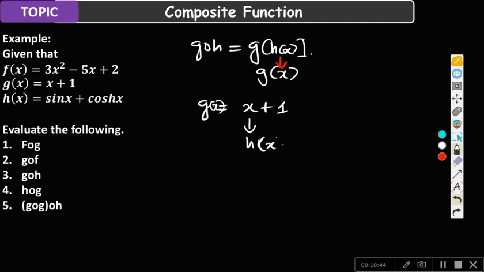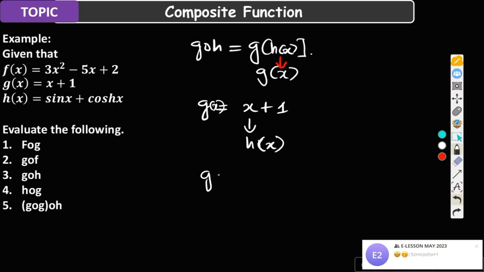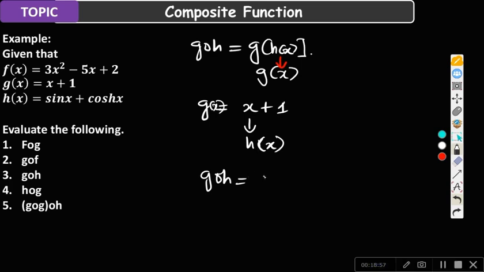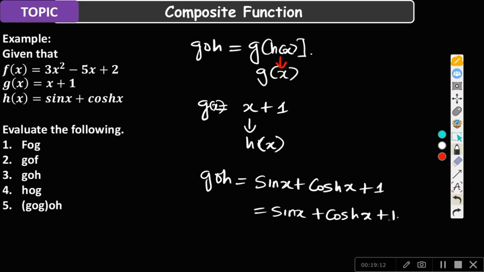That is the meaning of this statement. So our g of h would be equal to h of x plus 1. What is h of x? h of x is sine x plus cos x, then of course plus 1. This gives us sine x plus cos x plus 1. And that is the correct answer to that question.